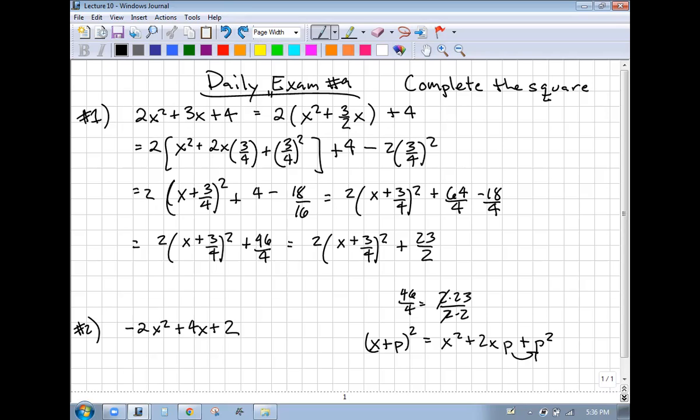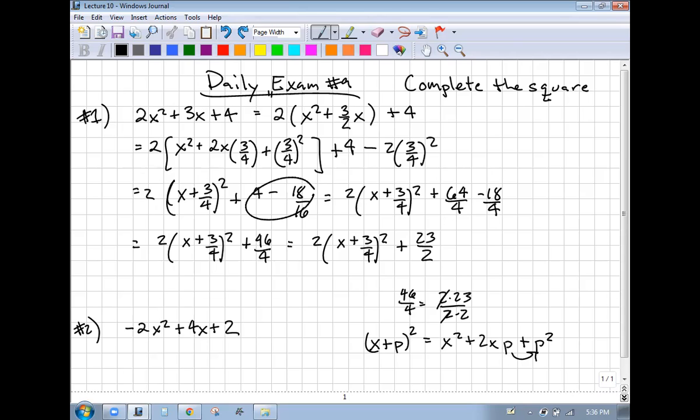And then I added this guy in because this is my p value. I need to have a p squared there, so I can't just add it in. I also have to subtract it out, and so it's 2 times 3/4 squared. This thing is exactly x plus 3/4 squared. I still have my 4. This guy, 3 squared is 9 times 2 is 18, and 4 squared is 16. So that looks right.